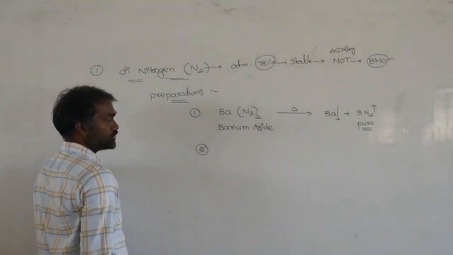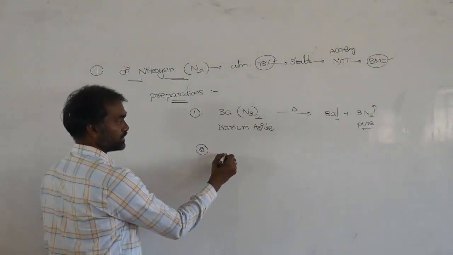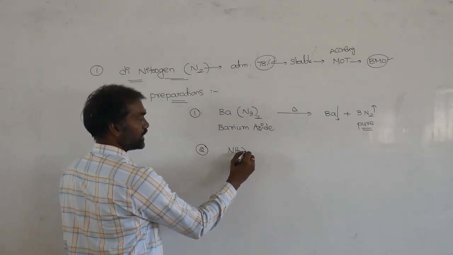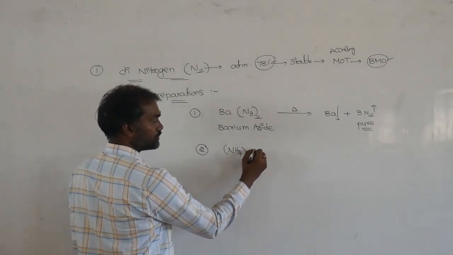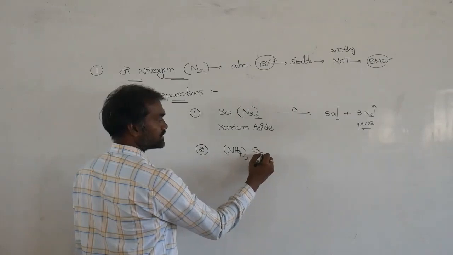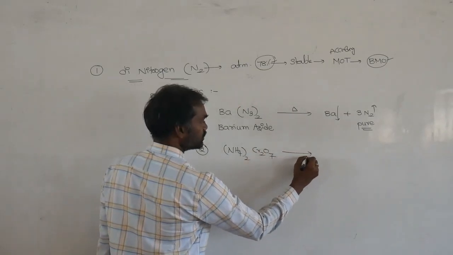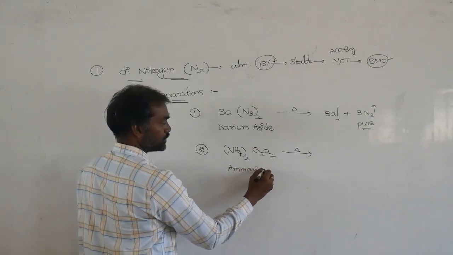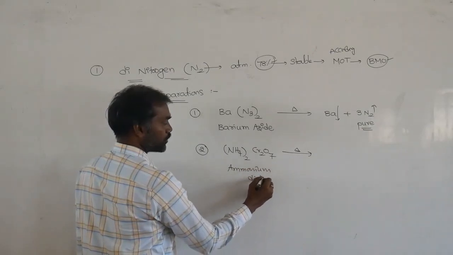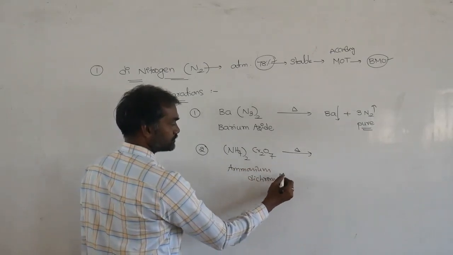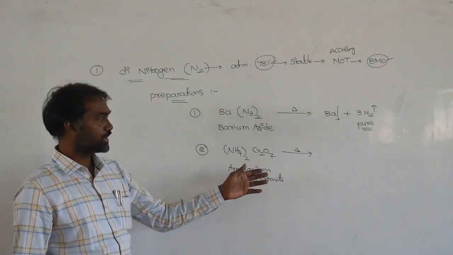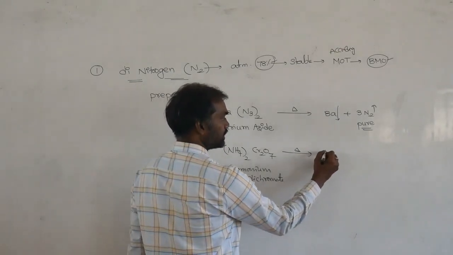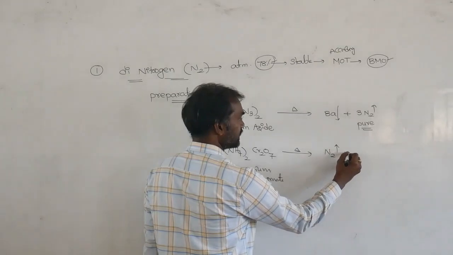Second one, ammonium dichromate. You take NH4, ammonium dichromate, Cr2O7. We heat ammonium dichromate at high temperature, so then also nitrogen gas is available.